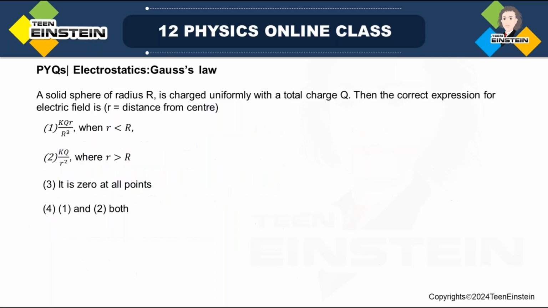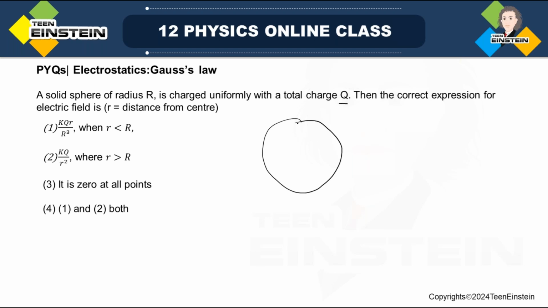Okay, now what is this question saying? A solid sphere of radius capital R is charged uniformly with a total charge of capital Q. Let me draw the situation.